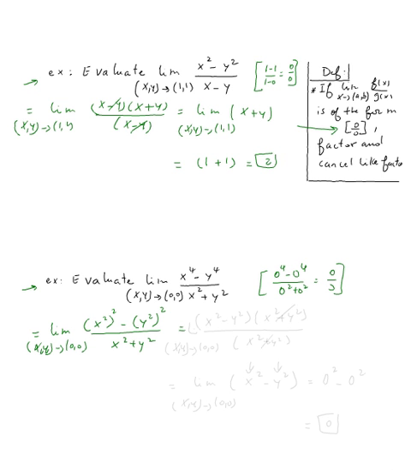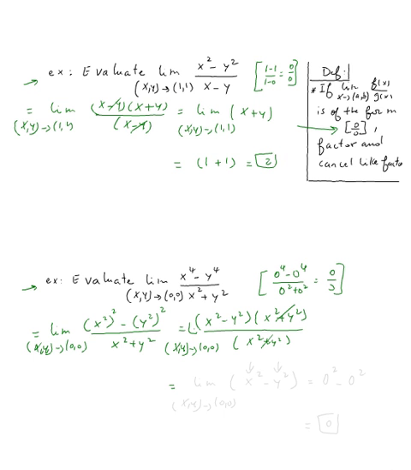Now, a squared minus b squared is equal to (a minus b)(a plus b). So that would be equal to (x squared minus y squared)(x squared plus y squared) over (x squared plus y squared). Don't forget the limit, (x, y) approaches (0, 0).